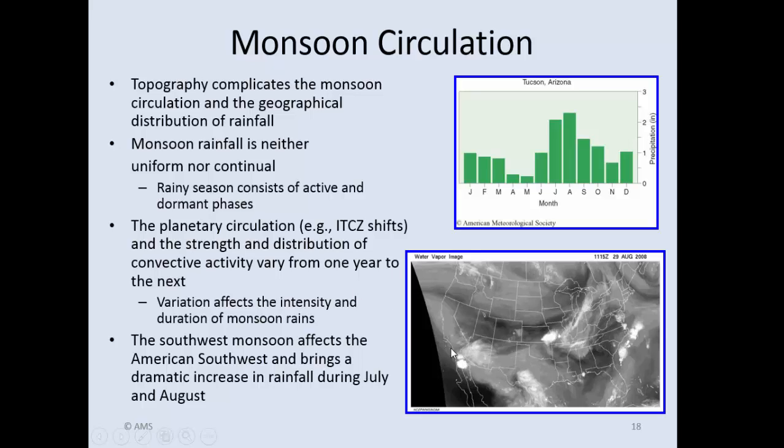And like any low, it's going to have counterclockwise circulation. When it sits in this area right here and produces counterclockwise circulation, that can bring air in from the Gulf of California, it's a very warm piece of water here, it's very humid above that. And if it can move that air over Arizona into that rising plume of air, it's going to create a lot of cumulonimbus clouds and storms. That's the monsoon.